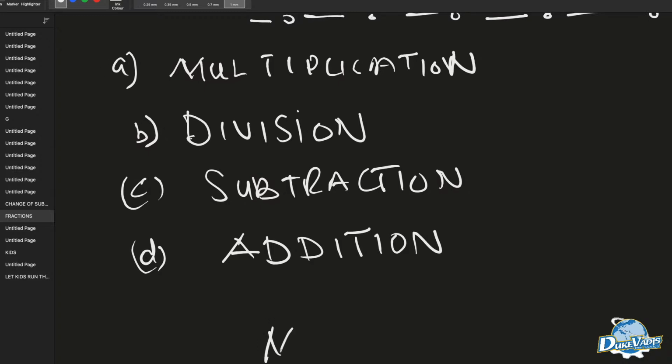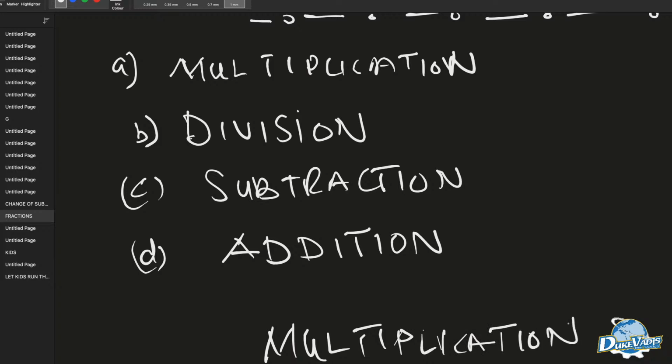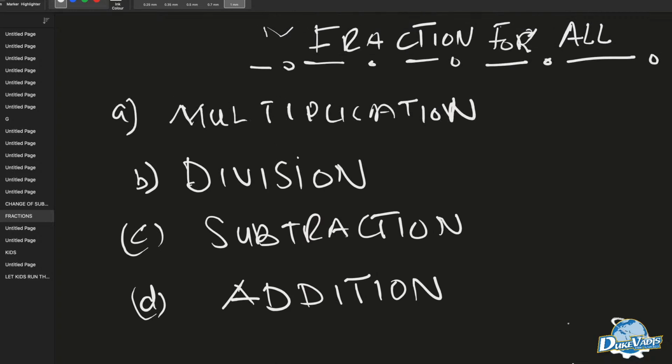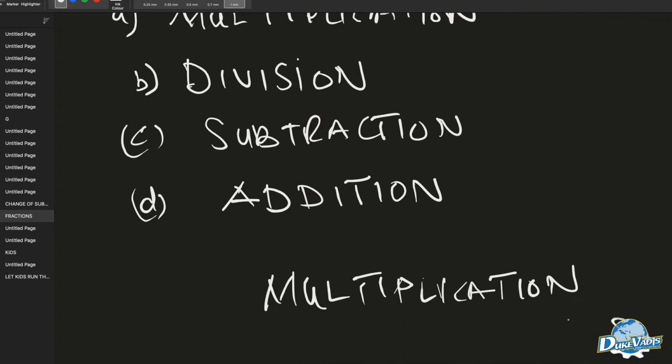Multiplication of fractions. That's what we're looking at first.